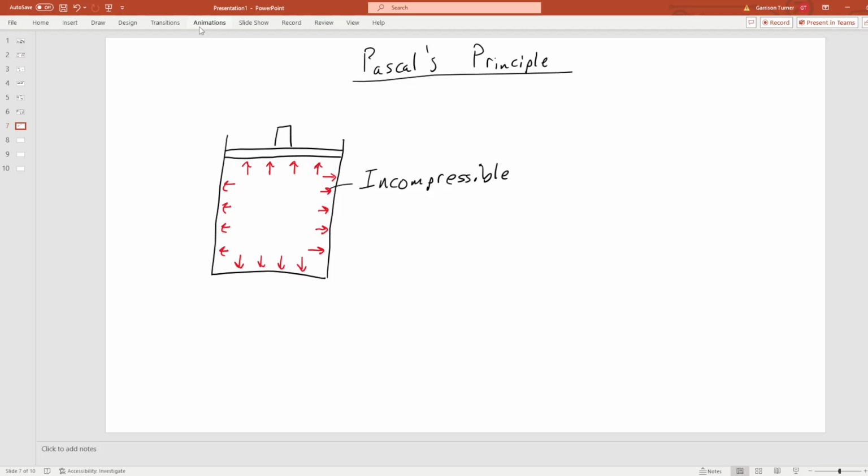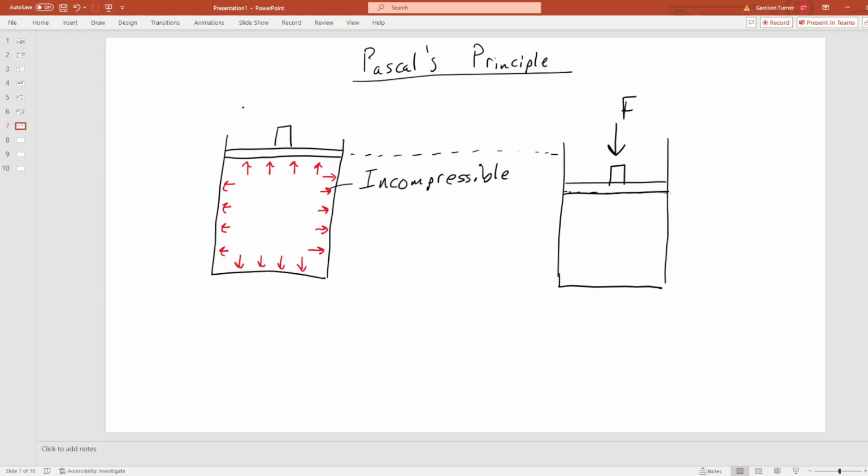Okay, so what's going to happen now if I take the piston and I push it down? Its original level was right here, and I push it down to right here, for example. So I've exerted a much larger force.